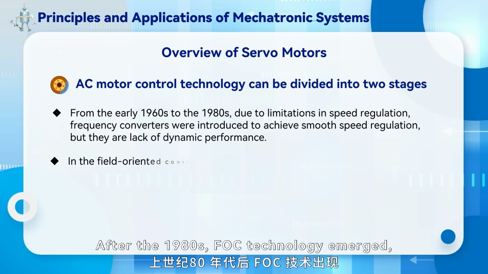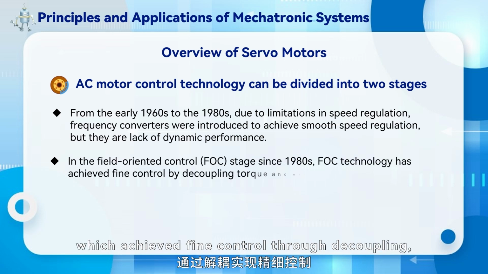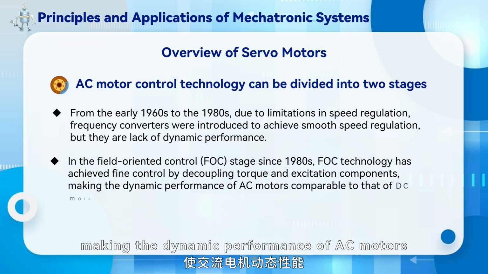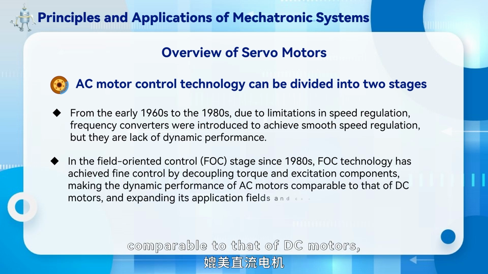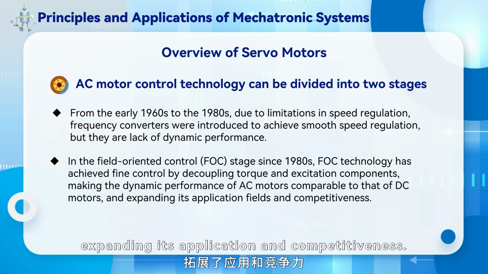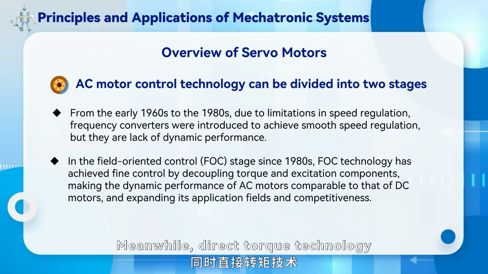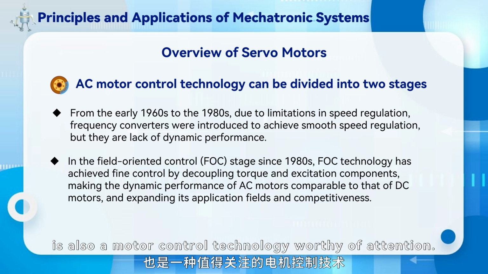After the 1980s, FOC technology emerged, which achieved fine control through decoupling, making the dynamic performance of AC motors comparable to that of DC motors, expanding its application and competitiveness. Meanwhile, direct torque control is also a motor control technology worthy of attention.